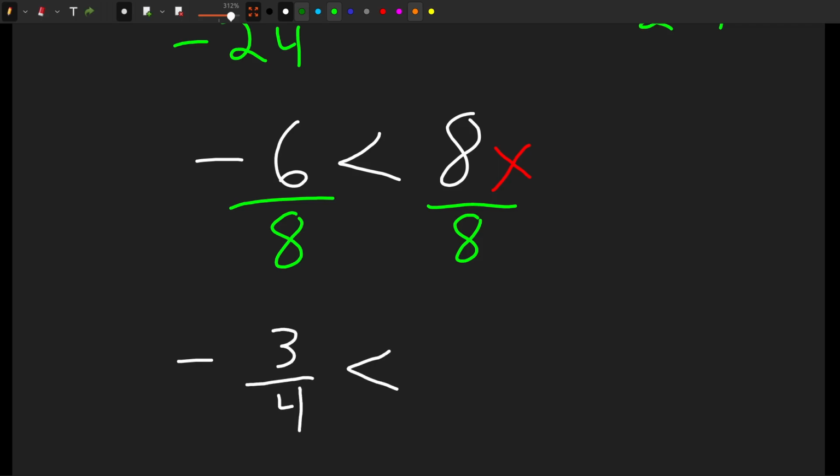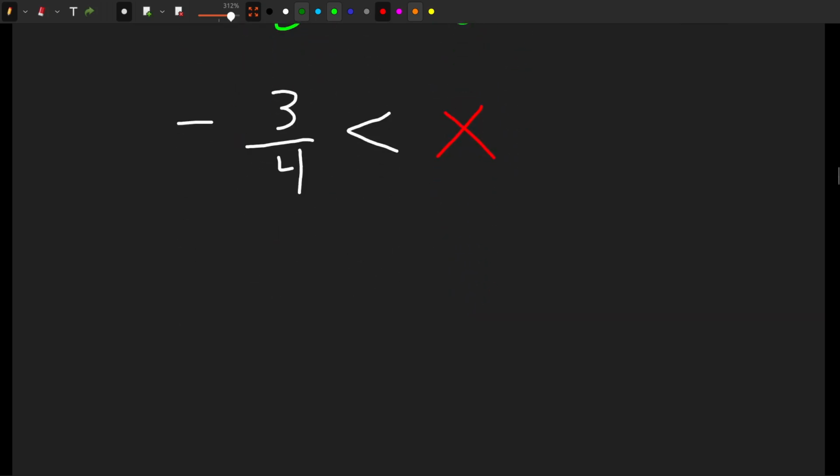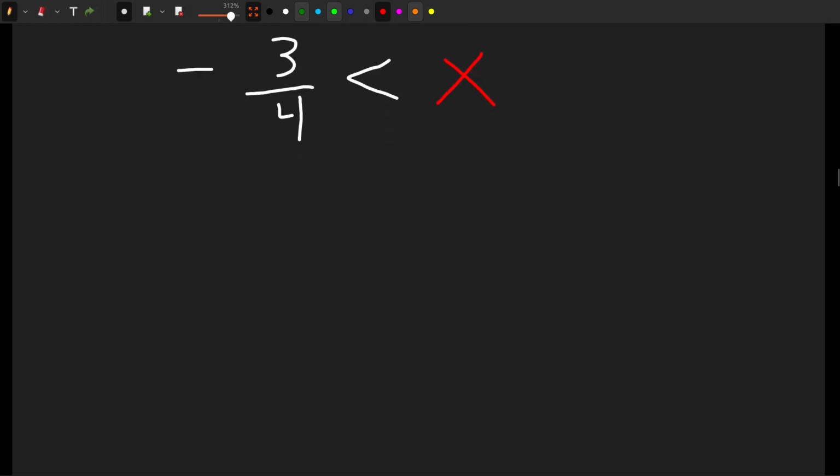And so I get negative 3/4 is less than x. Or in this case, I should actually say x is greater than negative 3/4. That's the proper way to say it, not that negative 3/4 is less than x, but just that x is greater than negative 3/4.